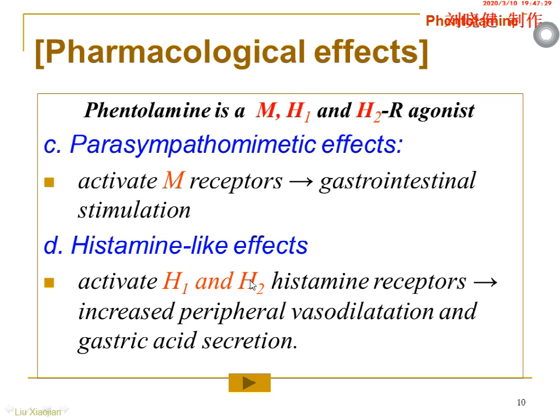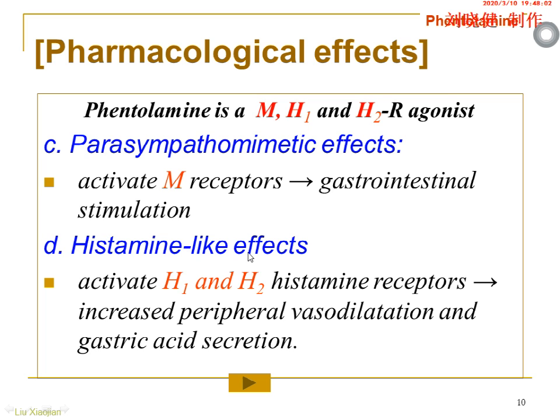And the histamine 2 receptor is related to gastric acid secretion, so it can promote this secretion. Actually, this effect on the M receptor and histamine receptors is relatively weaker than the blockade of alpha receptor. So that's why these parasympathetic effects and histamine-like effects caused by phentolamine usually cannot be used to treat any disease.